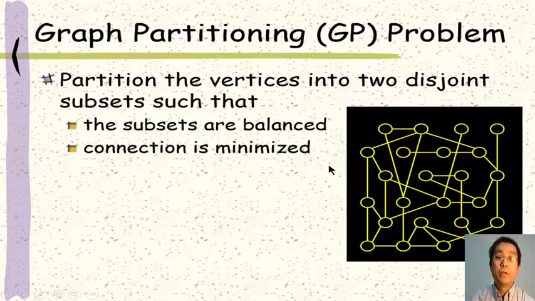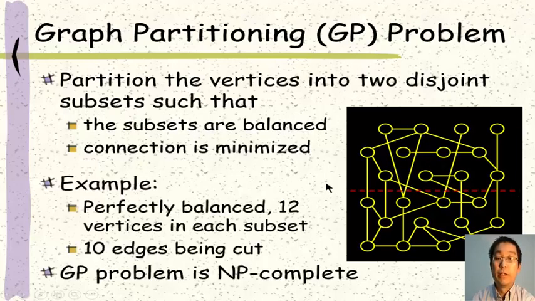We first use the graph partitioning problem to show the basic ideas behind the public watermarking. In this problem, we have a graph and we want to partition the vertices in the graph into two disjoint subsets such that the subsets are balanced, and also the connections between the subsets will be minimized. For example, here is a partition that cuts the graph into the top half and the bottom half.